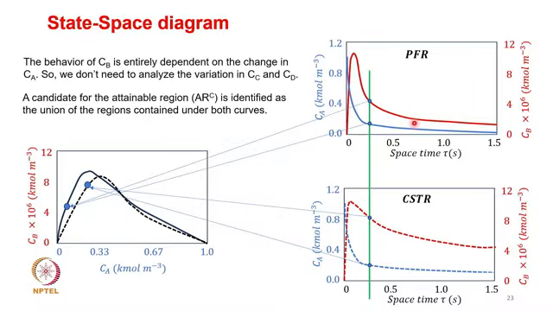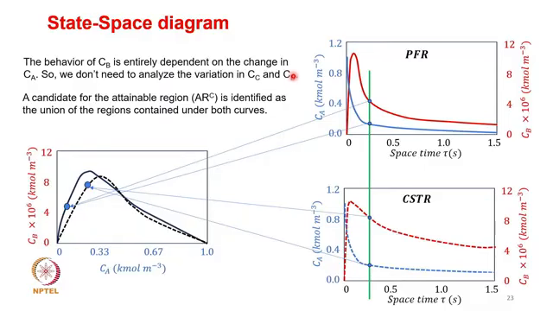So the key aspect here is that the space time variable has been eliminated. You keep drawing vertical lines at a given space time. What is the concentration of CA and CB? For the CSTR case, this would be mapped as a dotted point here. So that's how you generate these two curves.